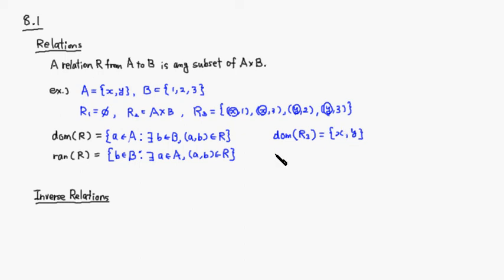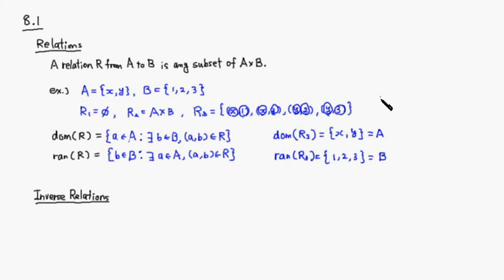A range of R3 is, you have 1 here, 3 here, 2 here, and 3 again. So it's actually {1, 2, 3}. Right? As it turns out, the domain is the entire set A, and the range is the entire set B, but they do not have to be.